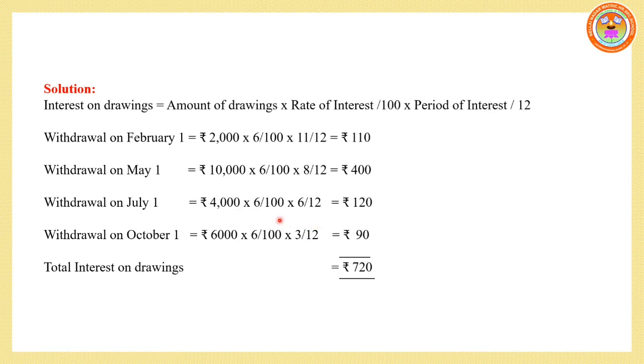So 120. Again, last time he has withdrawn on October 1, amount 6,000 into rate of interest 6 by 100 into October, November, December, so period 3 months. Simplify this way and we got 90 rupees. Now totally, he has to pay to the business 720 as total interest on drawings. Clear?